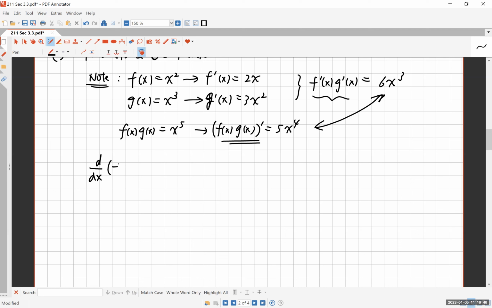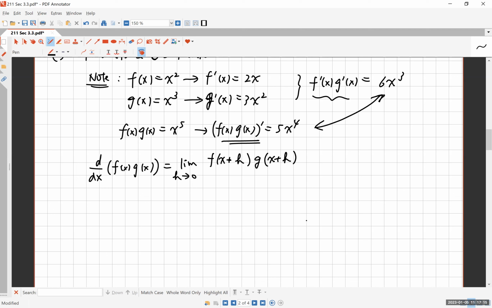So what we want to do is to find the derivative of the product, f of x times g of x, right? Well, this is the limit as h approaches 0. We have to go back to the definition because we don't know how to do this yet. It's f of x plus h times g of x plus h. Remember, the product is just simply the product of these two values.